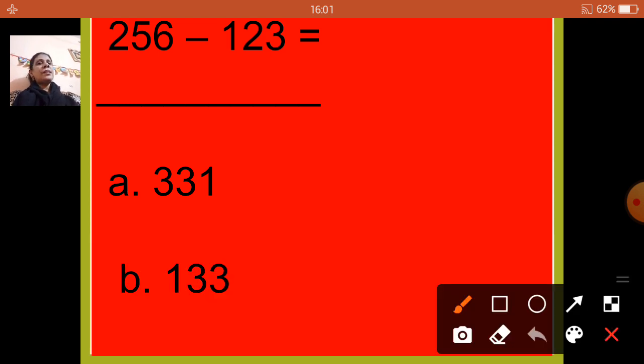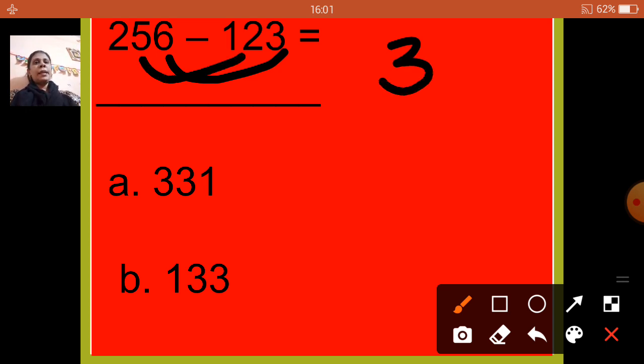Now unit with unit. So 6 minus 3 will be how much? 3. Then 5 minus 2 will be how much? 3. Then 2 minus 1 will be how much? 1.